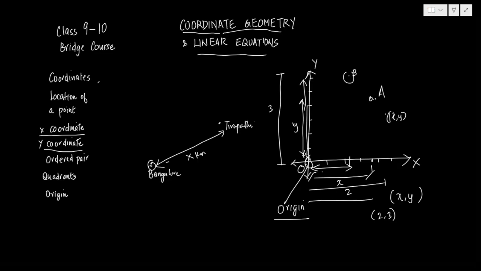There has to be a certain location in Bangalore from which the distance to other places is calculated. Similarly, in the coordinate system, there has to be a point from which the other locations are identified, and that point is called the origin. And the x coordinate and the y coordinate of the origin is 0, 0, because that is where the horizontal distance and the vertical distance are measured from.